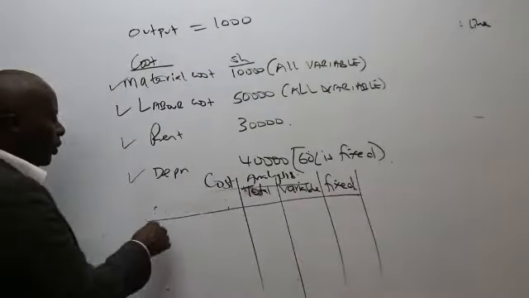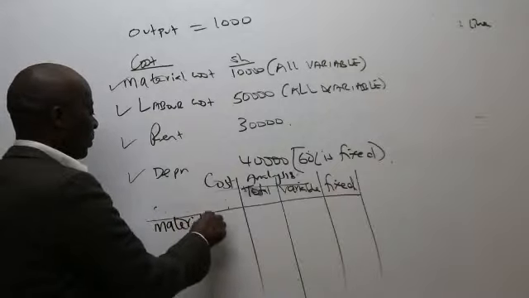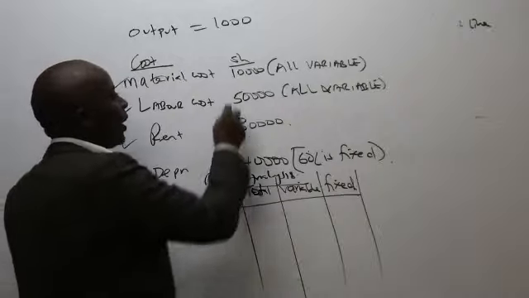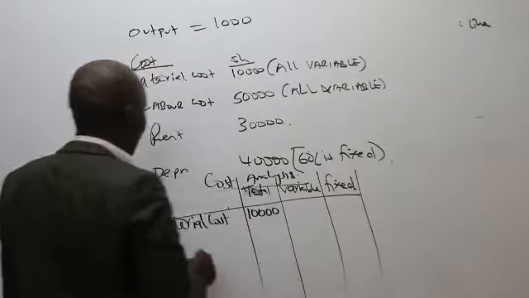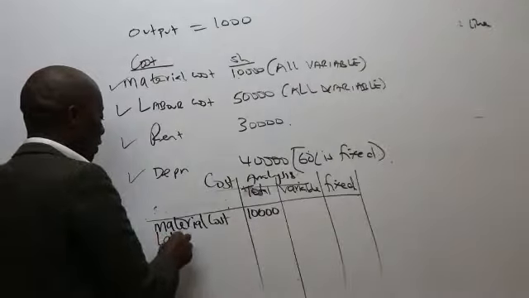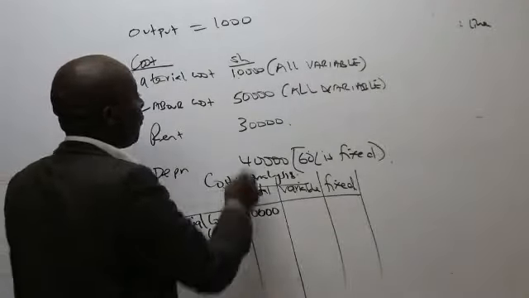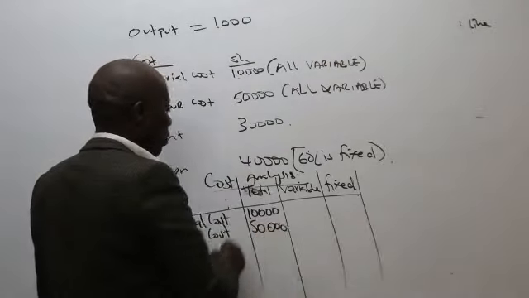Okay, so we start with material cost. What do we have? A total of 10,000 shillings. From there, we have labor cost, 50,000 total.